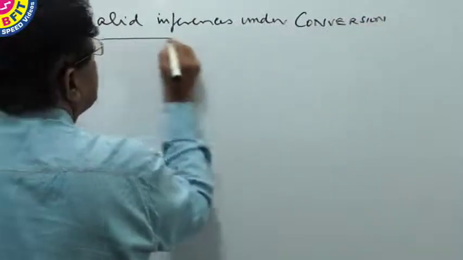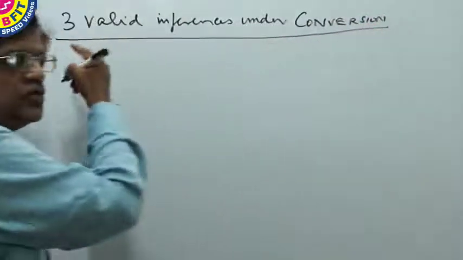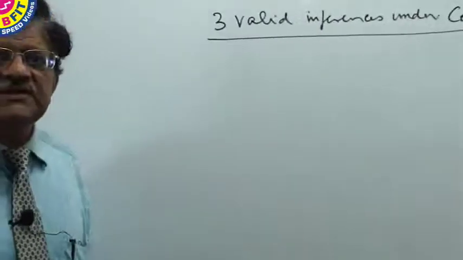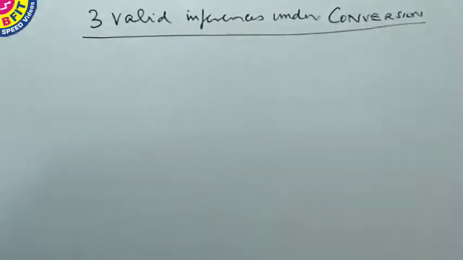There are only 3 valid inferences. Earlier we have seen 2, now we are going to see the other 3. And please remember, under conversion means the subject and predicate will get interchanged. First is, all snakes are reptiles.